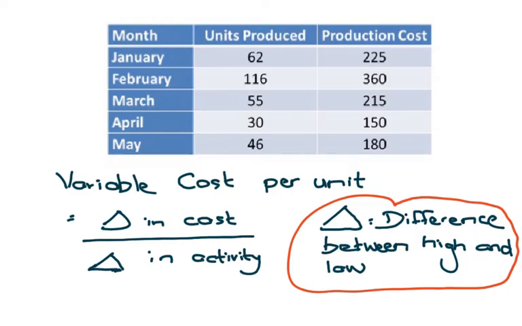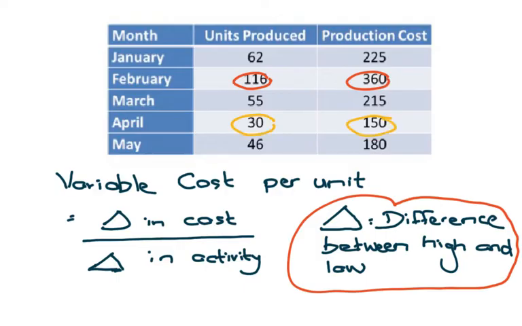Now we have a very simple formula, and first of all we are going to calculate the variable cost. In this formula, that triangle means it's the difference between the high and the low. So let's quickly go back to encircle the highest. There's my highest, and my lowest was that one.